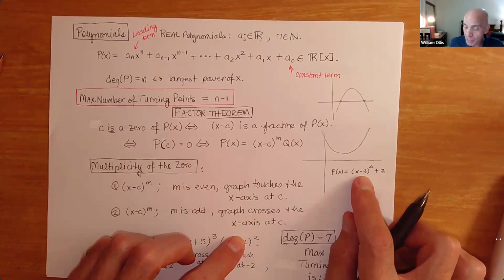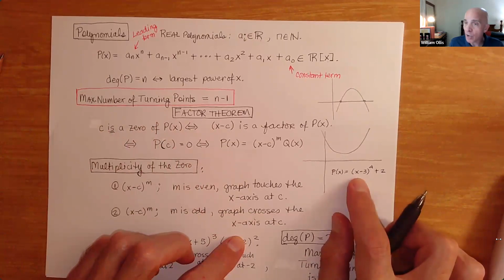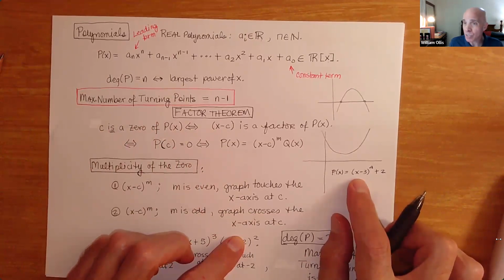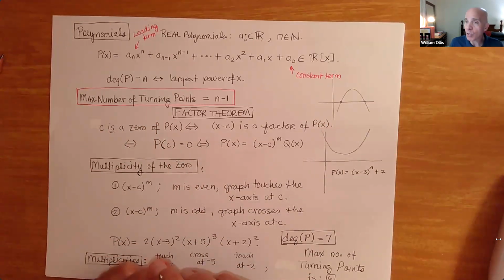So this term is always non-negative. That is, the only time that this is 0 is when X is 3. And then, of course, we add the 2. So this particular polynomial would never have any real zeros. And so it would have a shape that would look more like this.